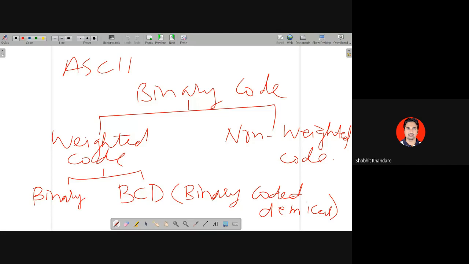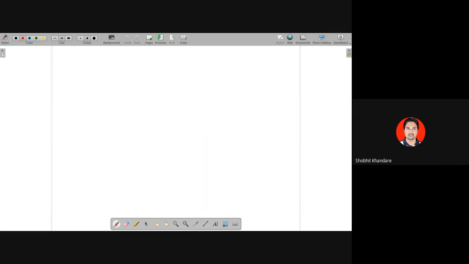Okay, so we will see the difference between binary and BCD with a small table. That table will give you the understanding of the difference between binary and BCD. Okay, I want everyone to pay attention now. See here. I am writing down a table in which one column is of the decimal number.